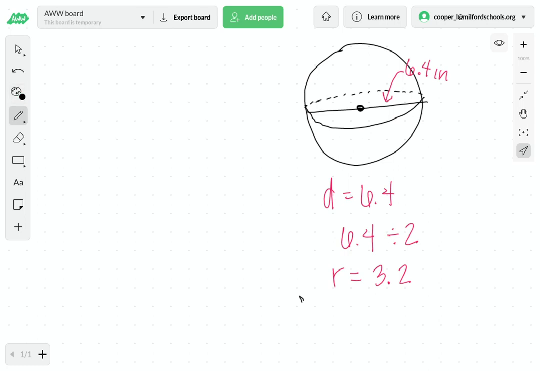So that's what we're going to use for our formula. So here we're going to go ahead and round to the nearest tenth. And that's one place after the decimal. So we have our formula again.